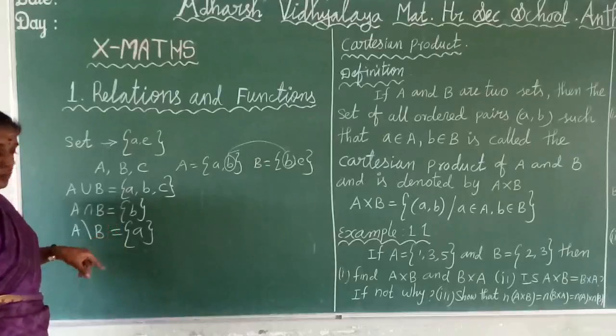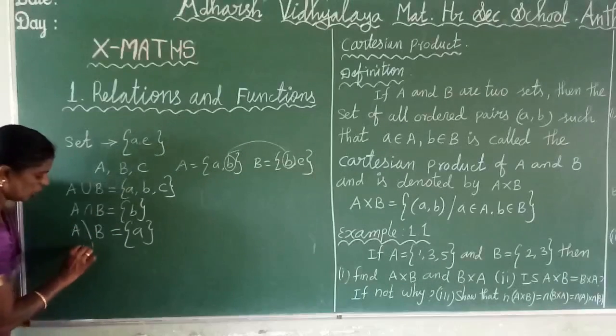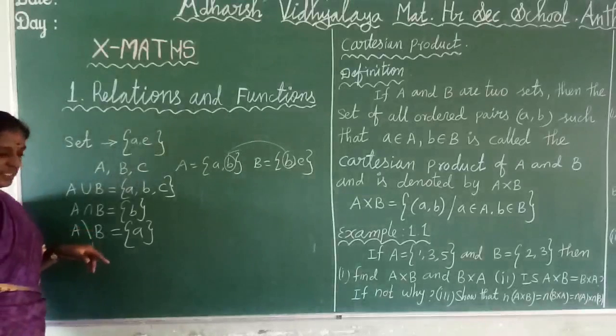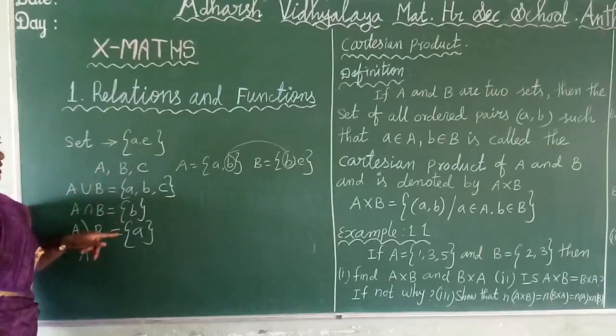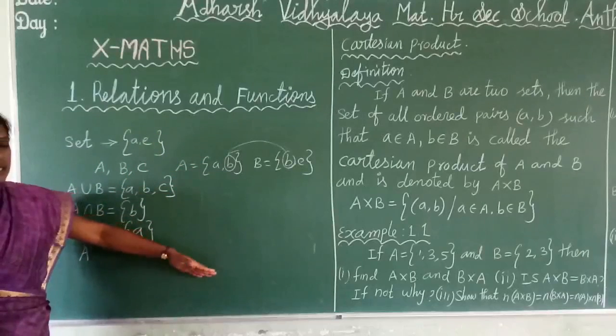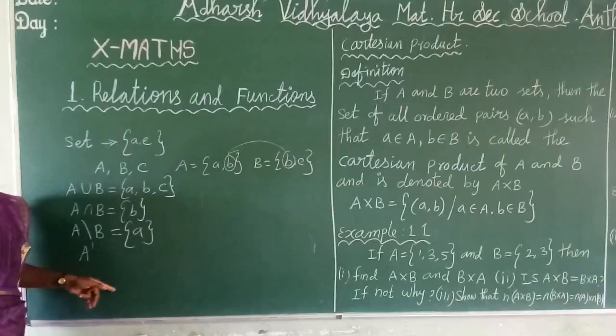And the complement is A dash, or A complement. These are the same things. So once again, recall the 9th standard set theory and read these definitions. Have you understood, students?